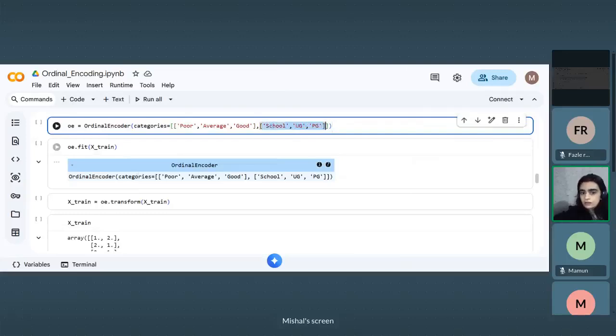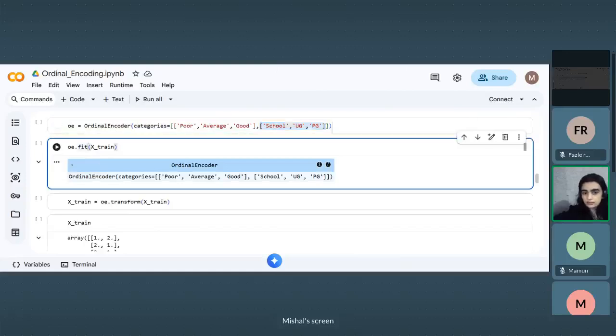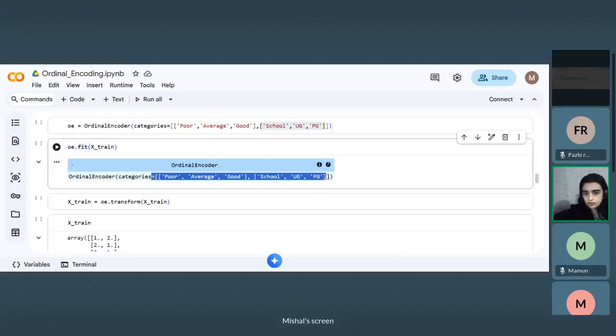Now we can apply this conversion. We have applied the fit method here on X train. On X train we have just these two columns, that's why we are applying it on the whole X train. Otherwise we would pick each column one by one. This is our ordinal encoder, and when we apply the transform method, it transforms them into numbers.